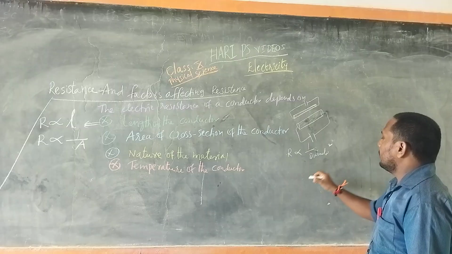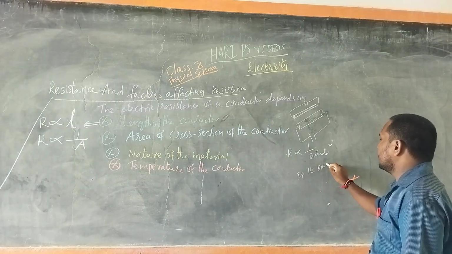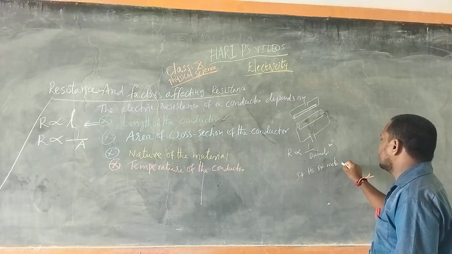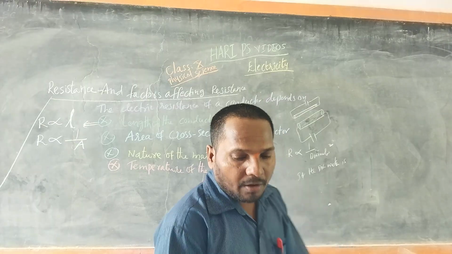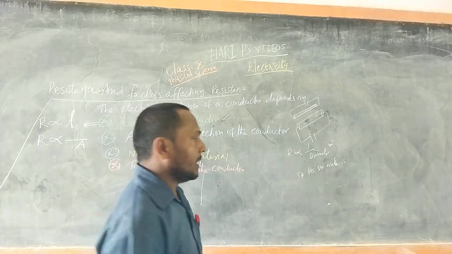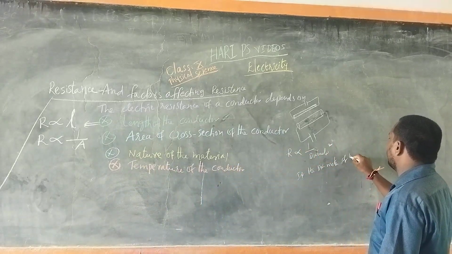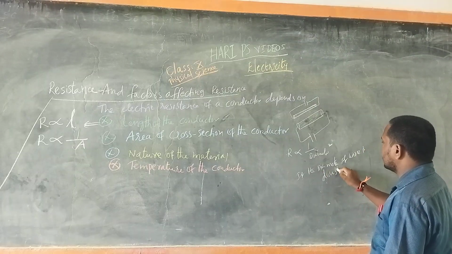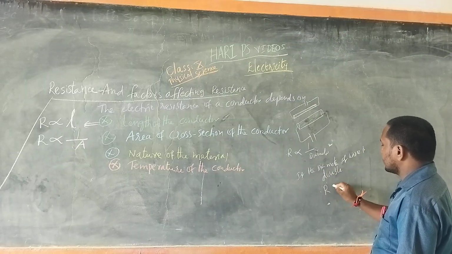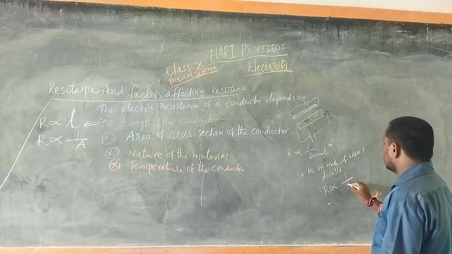So if the diameter of a wire is doubled, resistance R is inversely proportional to 1 by d square, that is 2d square.